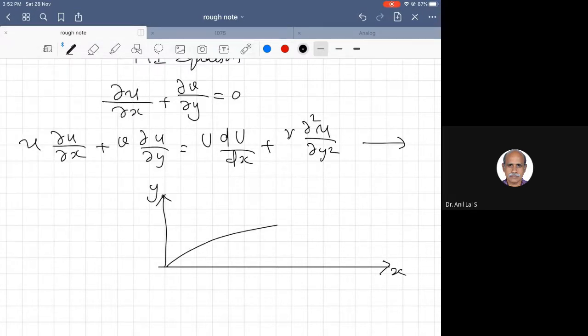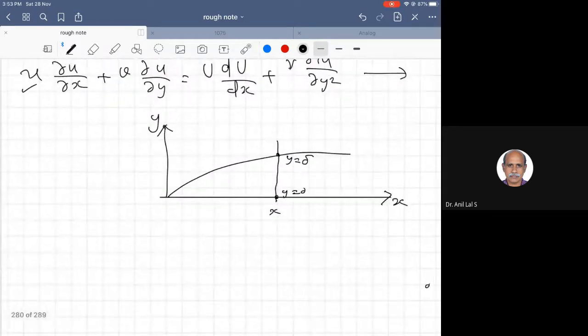So we have the boundary layer schematically represented like this. We go to a particular x and integrate from y is equal to 0 to y is equal to delta on this equation. Of course, we may have to do the integration of the continuity equation also for simplifications.